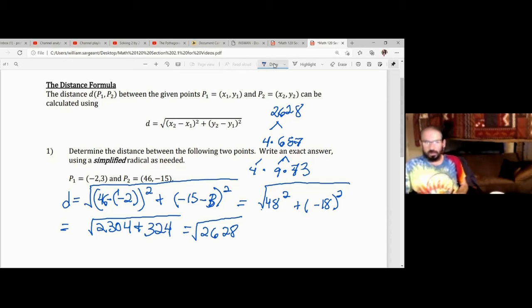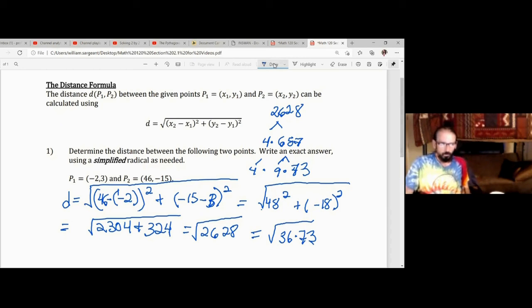Both the 4 and the 9 are perfect squares, and their product would be a perfect square. So we could factor 2,628 as 36 times 73, 36 being a perfect square, whereas 73, not only is there no perfect square larger than 1 that will go into that, it's in fact a prime number.